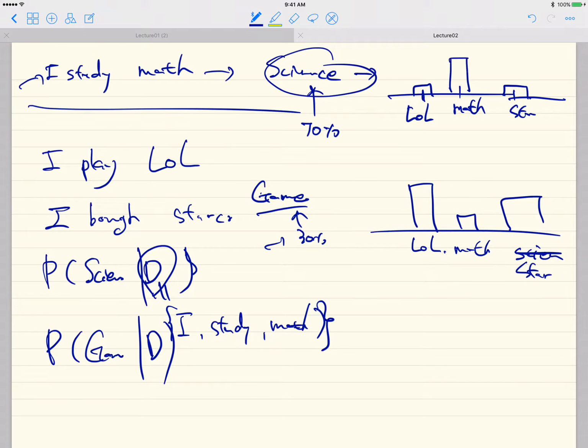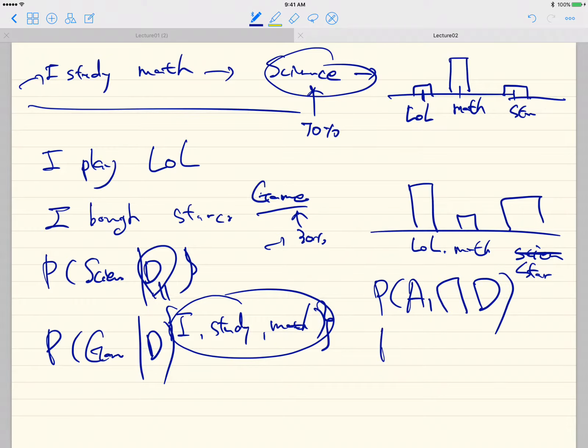Then we consider the event of generating particular words from that distribution. Then we can compute the probability of picking up science and those words. This is the first probability, corresponding to something like A1 and this document. And what about the probability of picking up the game and the same document?